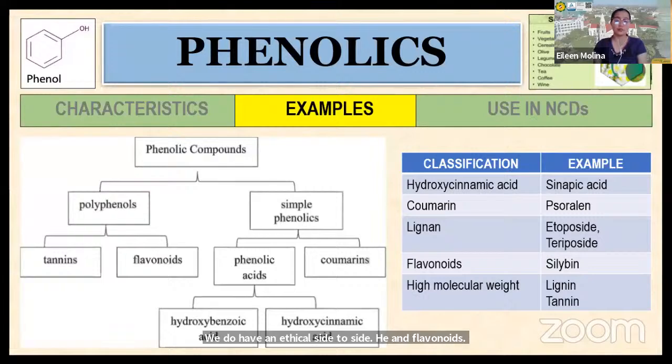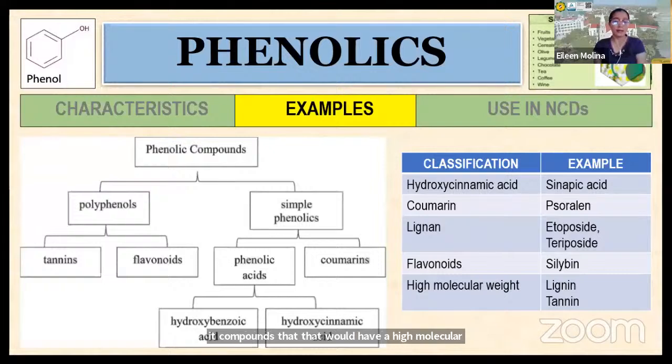For high molecular weight phenolic compounds, we have lignin and tannin. We just have to simply differentiate: lignans are plant products with low molecular weights, but lignin is considered a phenolic compound that has a high molecular weight.